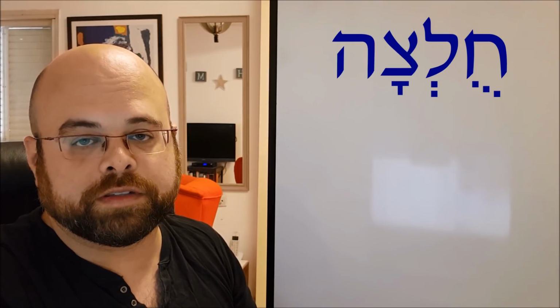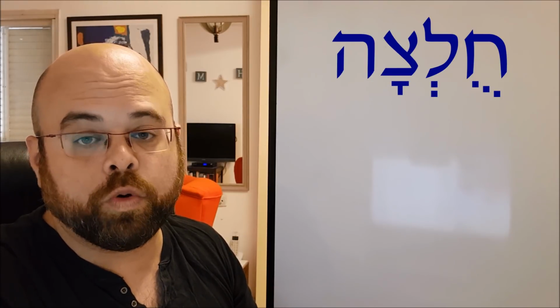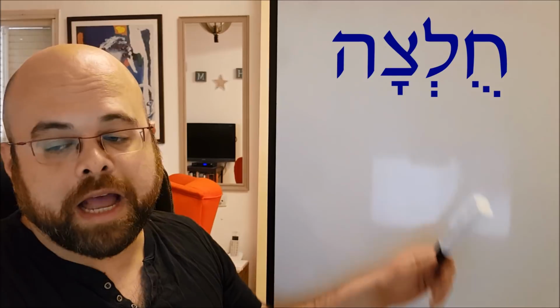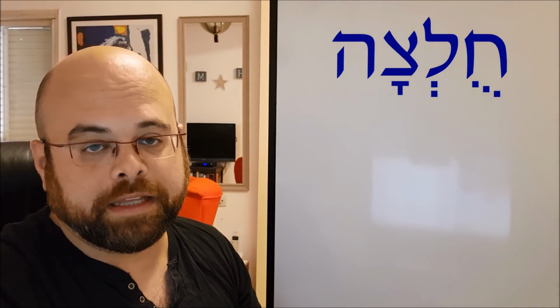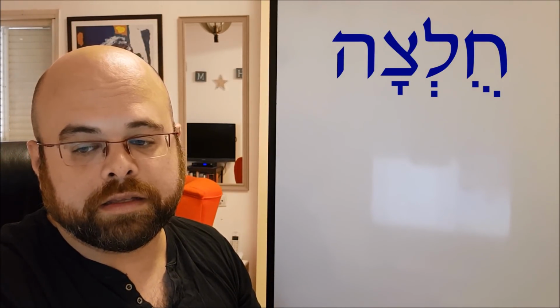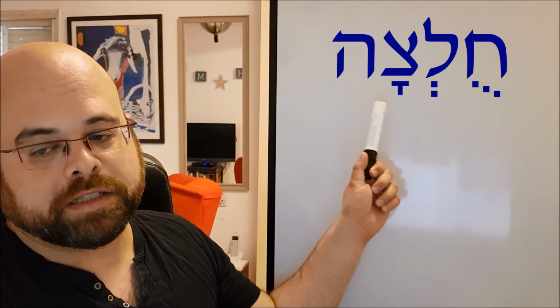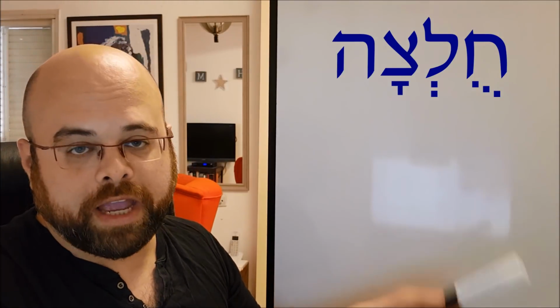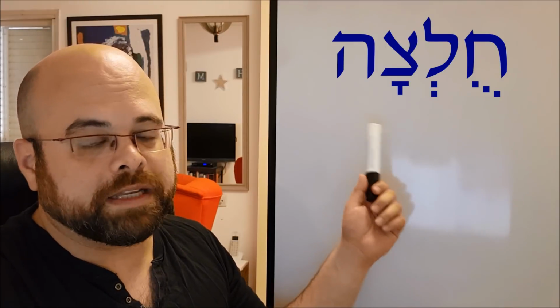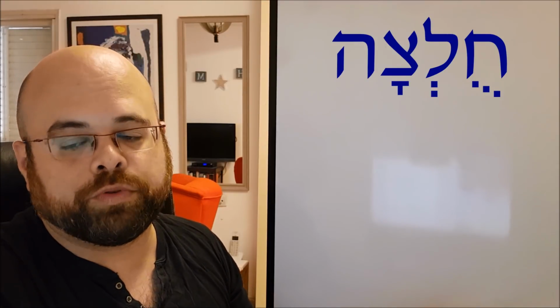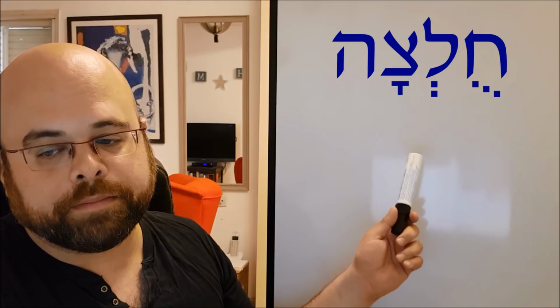So it means that there's no vowel here. So it's chul, and then tza. Tza, it's a Tzadi. Tz with a kamatz, a vowel. So tza, and then we have the letter hey, which, as I said, when it doesn't have a vowel, is just not pronounced. So then chulza.